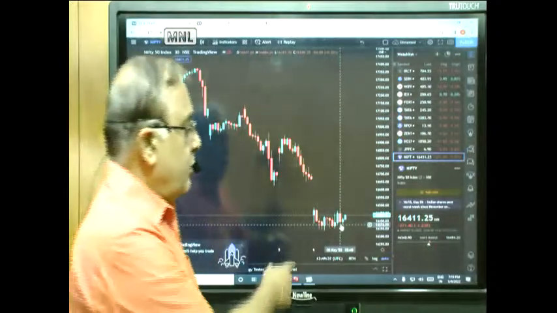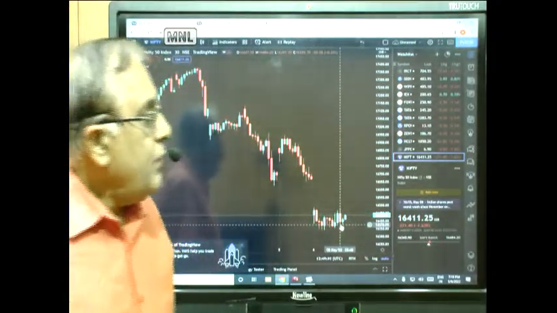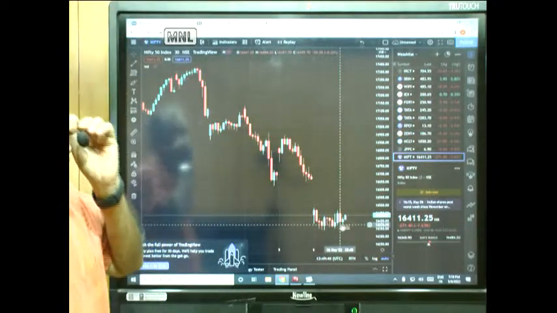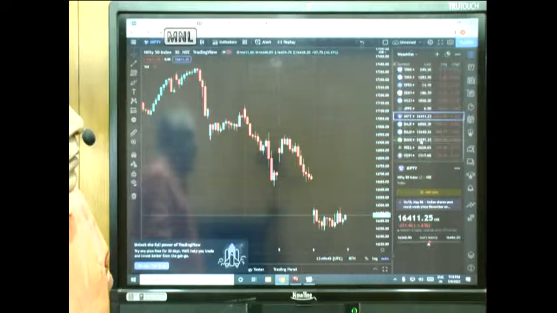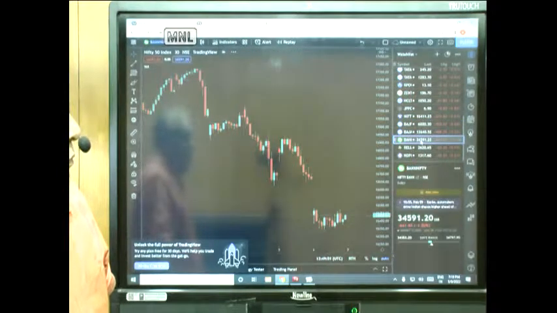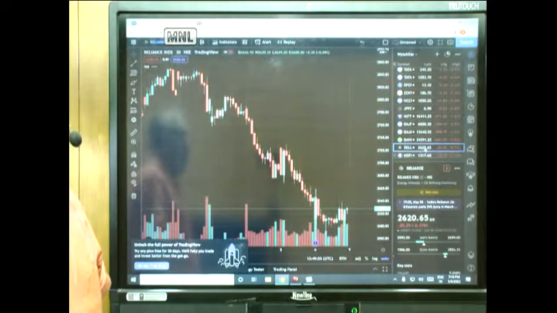So here we should be in a position to look towards going short below this. The same thing happens with Bank Nifty also. If you see, I think Bank Nifty is getting stuck.